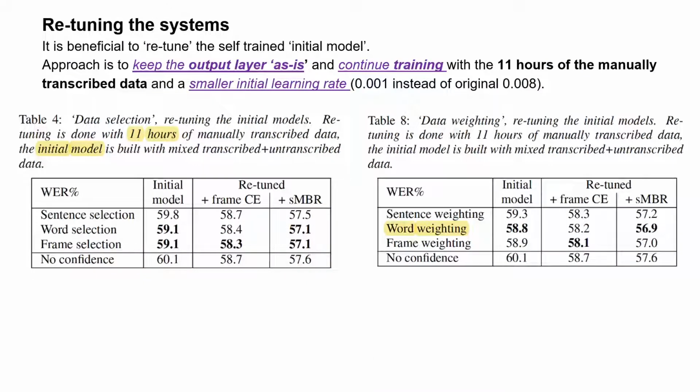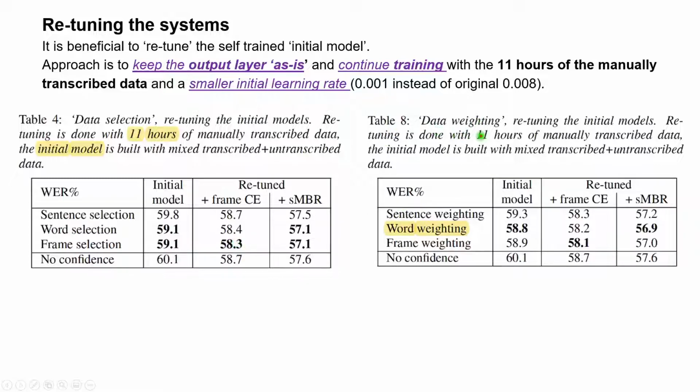Then there was one more thing: because it is a self-trained system, you need to do retuning of the system. If you are doing the retuning, what result do you get with the retuned system based on the initial model? In case of only data selection, the retraining has improved by about 1%.